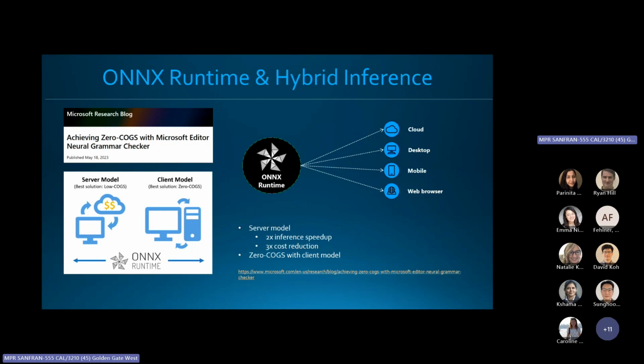And for people who don't have enough computation power on their device, it's still on the server side. With ONNX Runtime on the server side, they were able to get a 2x inference speedup and 3x cost reduction for the neural grammar check. The detail you can see in this plot.